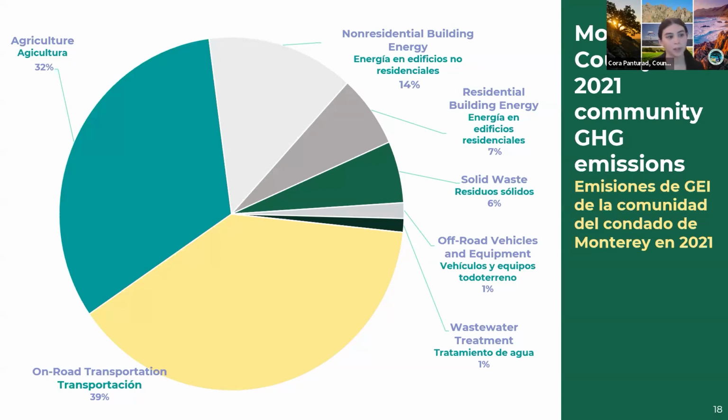So the CAP will include strategies aimed at improving sustainability within all of these sectors, including agricultural operations. But we're really focusing this workshop on the different strategies that everyone can participate in and that every person in the community is able to shape and influence.